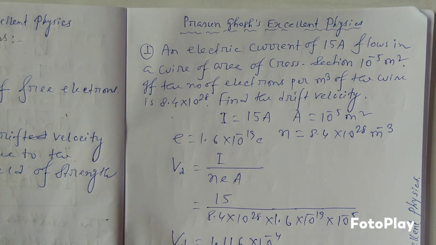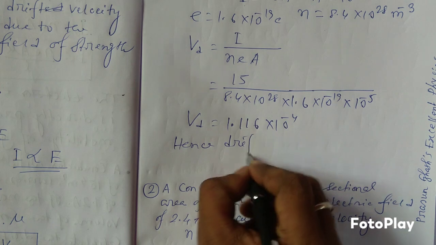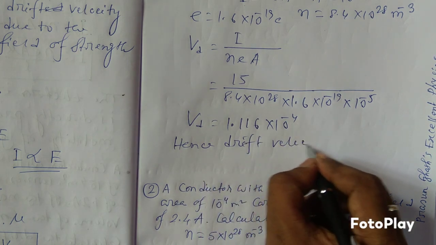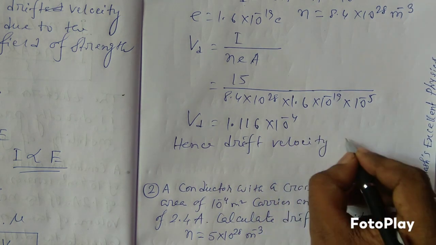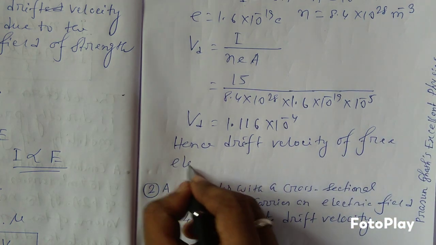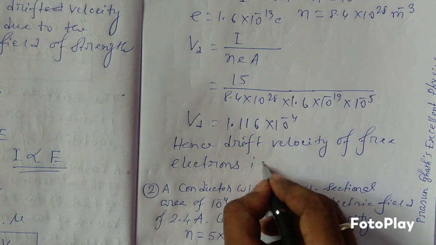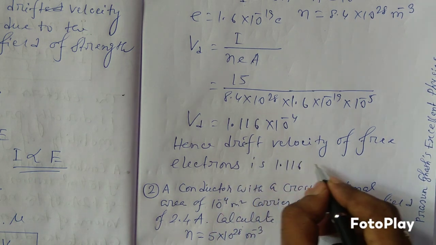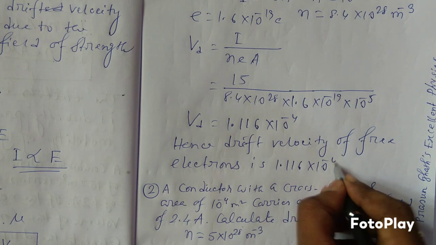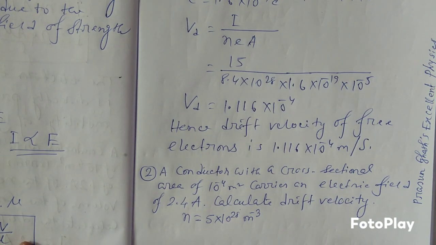Hence the drift velocity of free electrons is 1.116 into 10 to the power minus 4 meter per second.